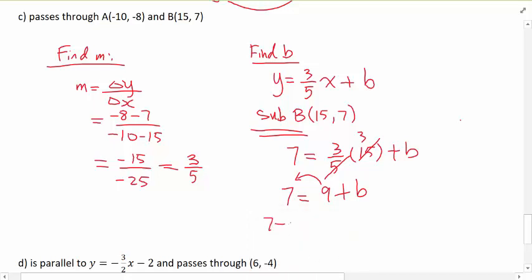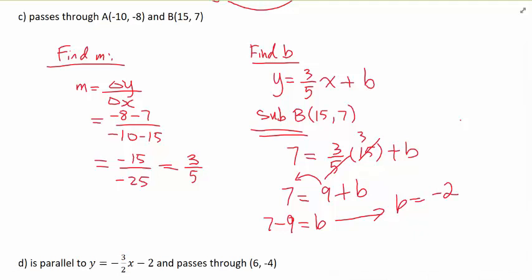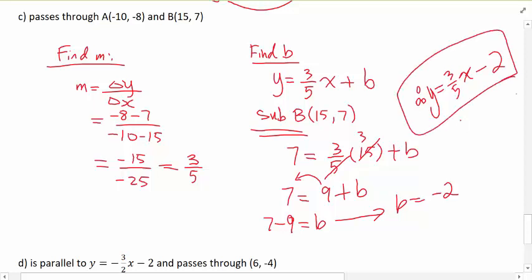So 7 minus 9 is equal to b. So b has to equal what? Negative 2. So therefore, y is equal to what? 3 over 5x minus 2. Okay, that's the answer right there.